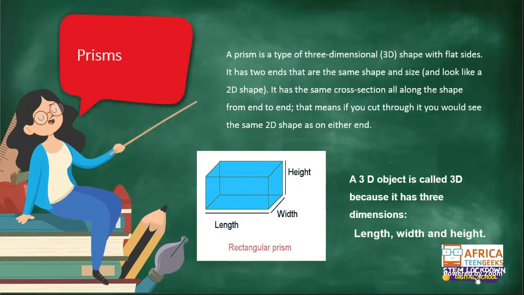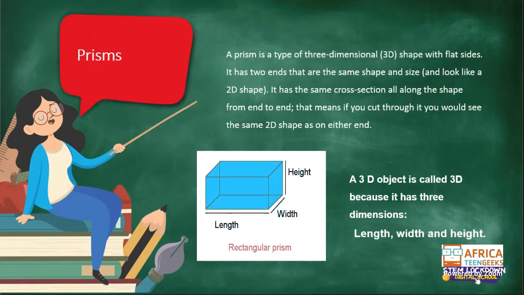It has two ends that are the same shape and size, and look like a 2D shape. It has the same cross-section all along the shape from end to end. That means if you cut through, you should be able to see the same 2D shape on either end.